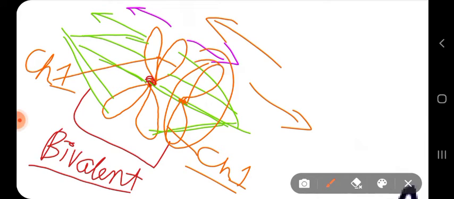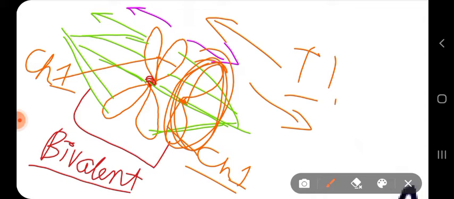But what about the unpaired one? The unpaired homologues, which are the univalent, have to pass to either pole randomly. Thus, those polyploids which have an odd number of chromosome sets will have gametes that receive either an extra chromosome or lose a chromosome, because the unpaired homologues migrate randomly to either pole.